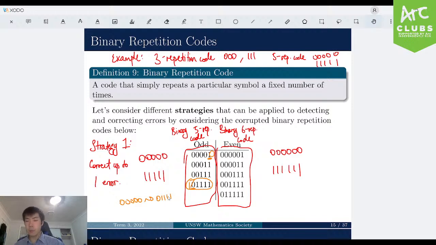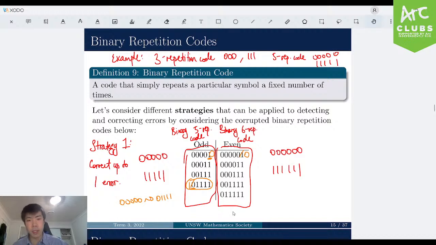Okay? And similarly for the binary 6 repetition code case, in this first code here, we see a single error. We see that this 1 does not belong. It is 5 zeros and a single 1. So we believe that there's a single error here, and so we change this 1 to a 0 to correct it to 6 zeros in a row.